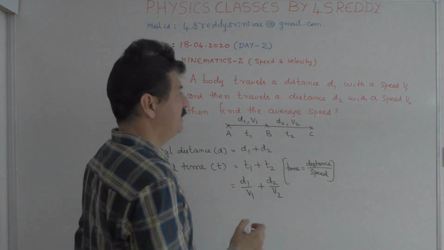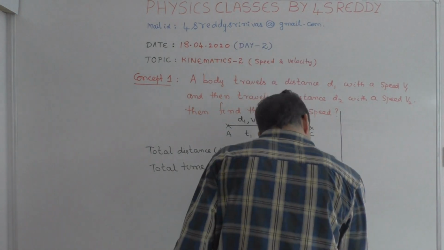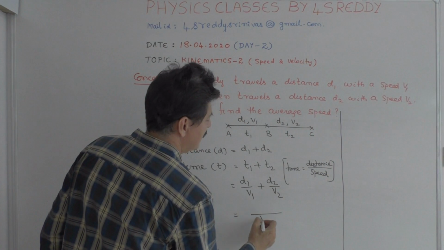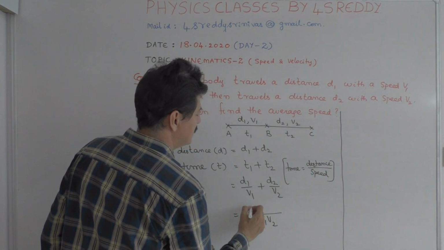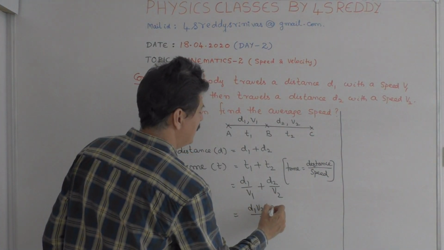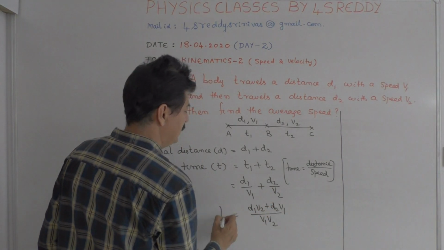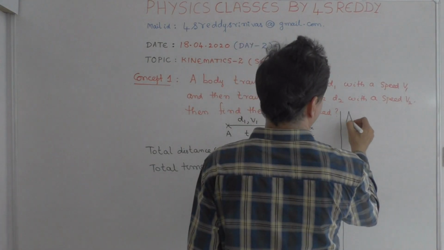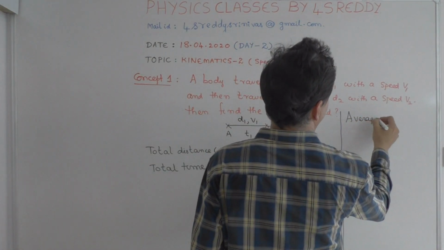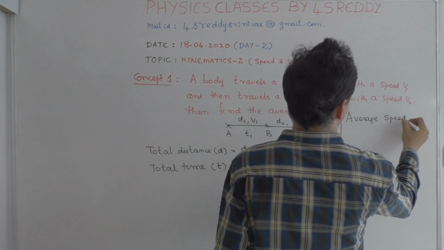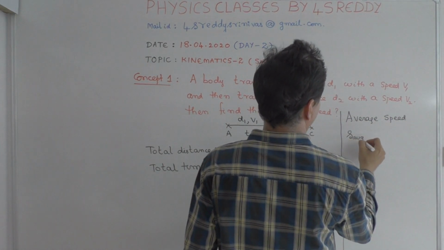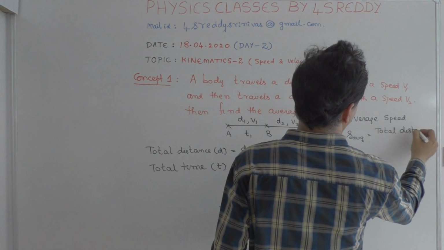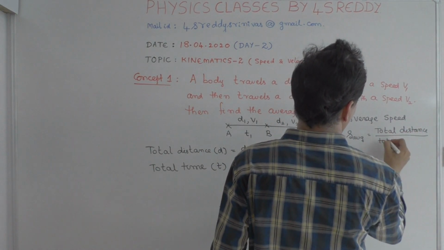Once you got the idea of this, this is always taken with LCM as V1 V2. This is D1 V2 plus D2 V1 by V1 V2, the total time. Therefore, average speed, by definition, is total distance by total time.